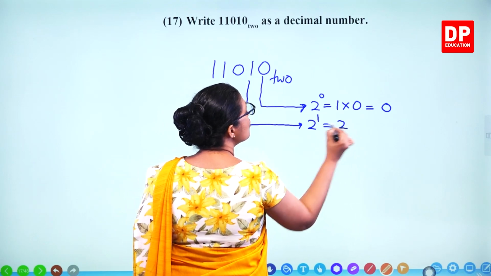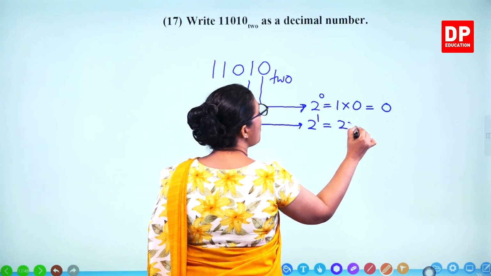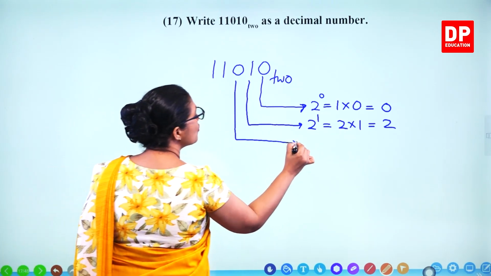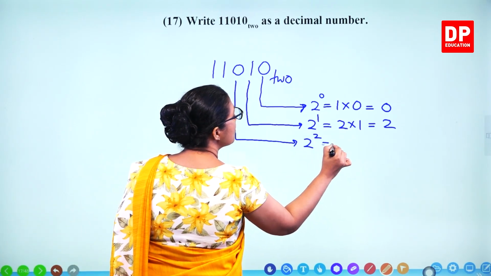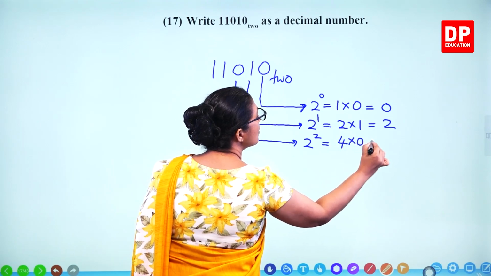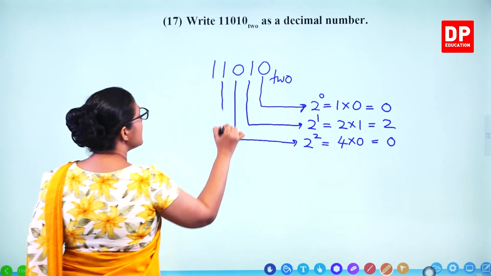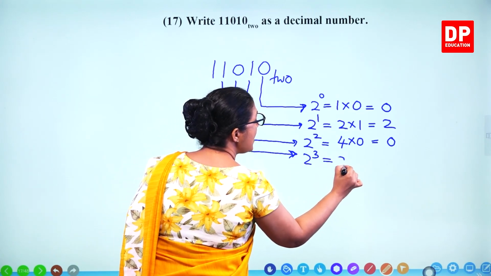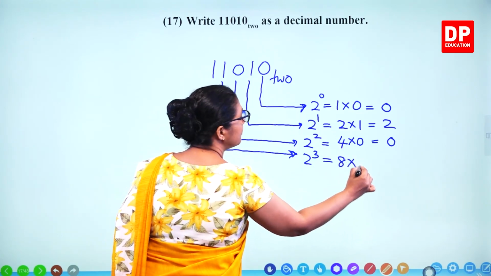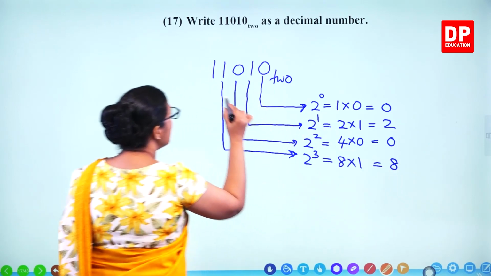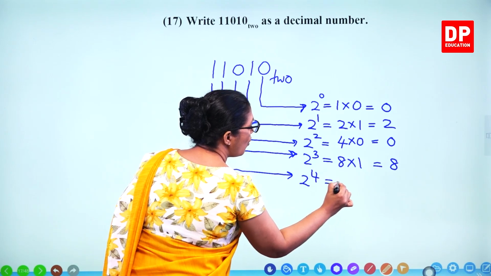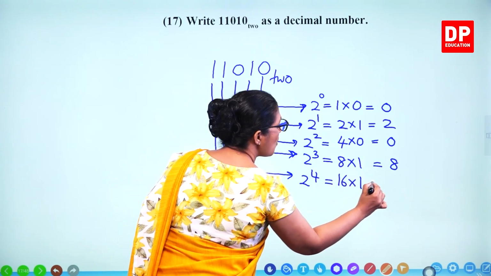That means 2. 2 times 1, you get 2. This one, 2 to the power 2. That means 4 times 0, 0. This one means 2 to the power 3. So 2 to the power 3 is 8. 8 times 1. That's 8. The next one is 2 to the power 4. 16. 16 times 1, 16.